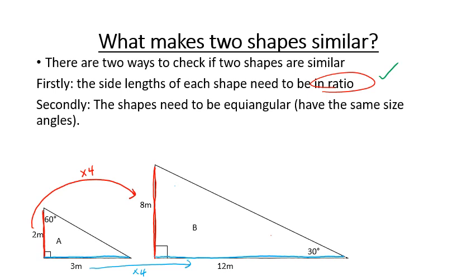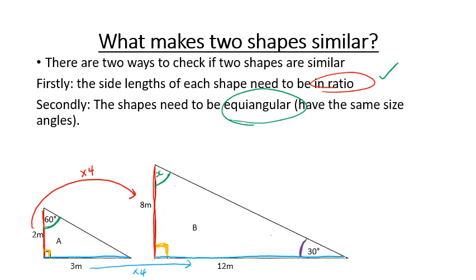The next thing we need to check is if the shapes are actually equiangular, as in they have the same sized angles. Well, we know that shape A has an angle of 60 degrees, but we don't know what's up here. We know that both shapes have right angles here, and we know that shape B has an angle of 30 degrees here.